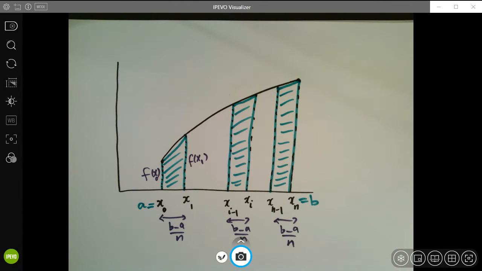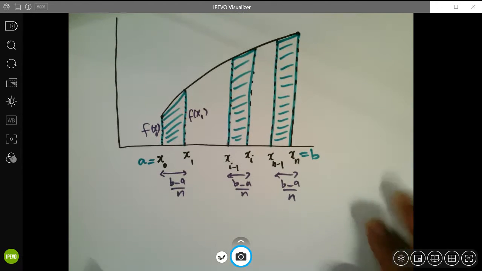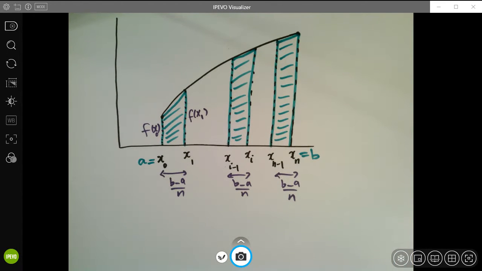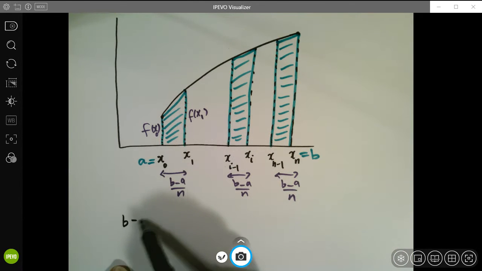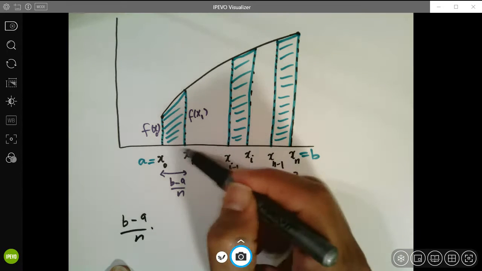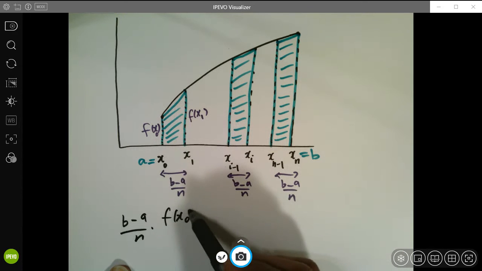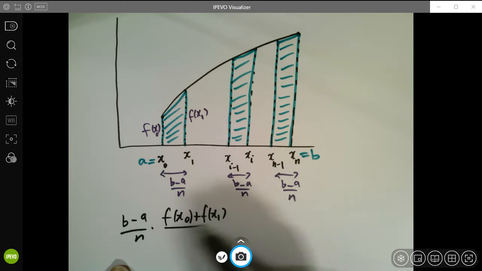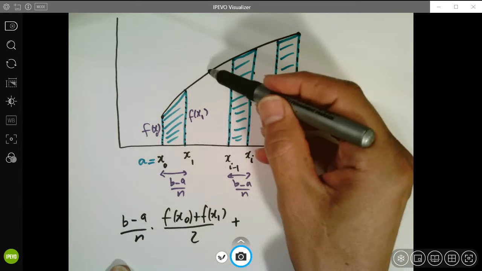If I keep adding them up, I will get something like this. All of them have b minus a over n, and notice this one is the same. So I just have to do f of x0 plus f of x1 over 2, times b minus a over n.